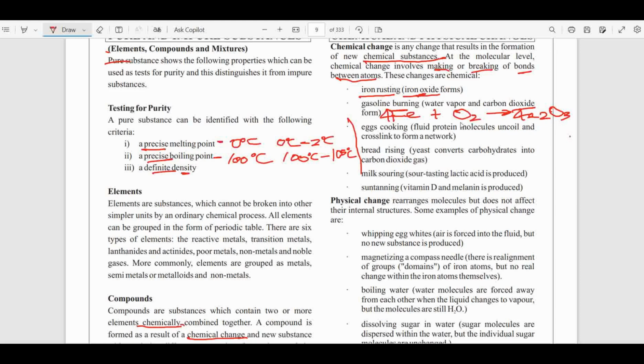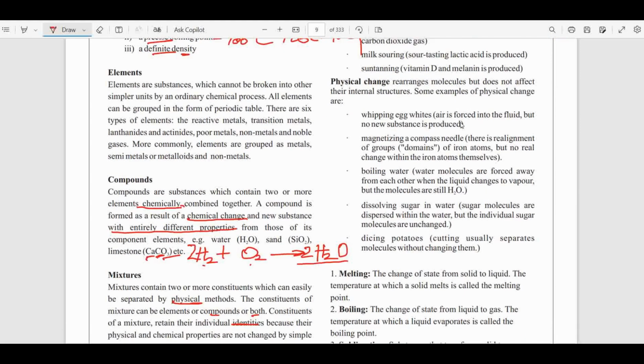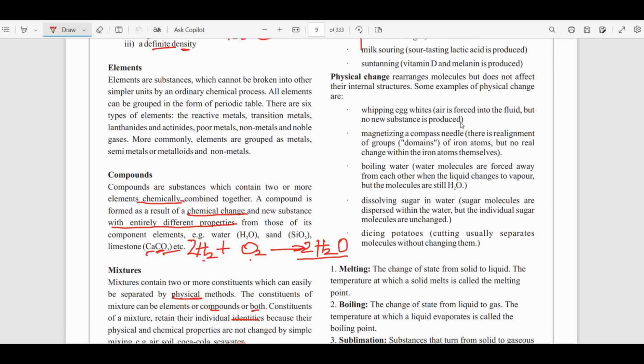Now let's go on to look at physical change. In physical change, there is a rearrangement of molecules, but that doesn't affect the internal structure of the compound or the substance. Some examples of physical change are, let's take the second example, magnetizing a compass needle.